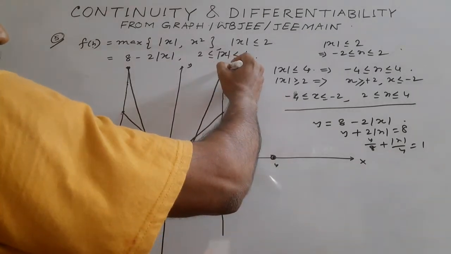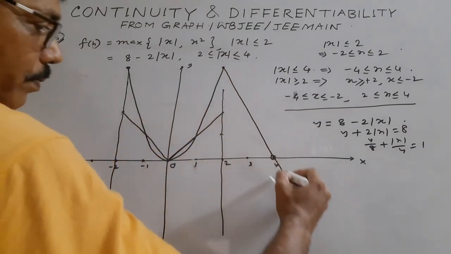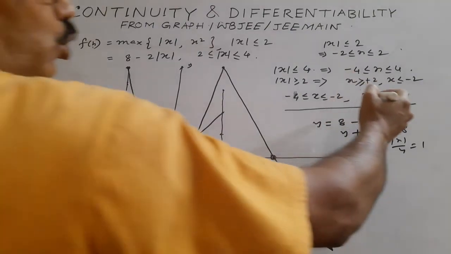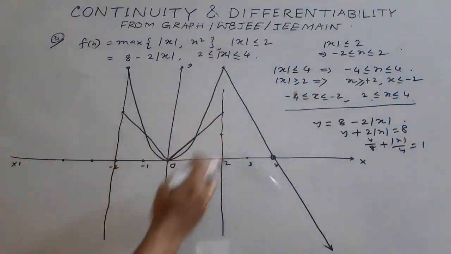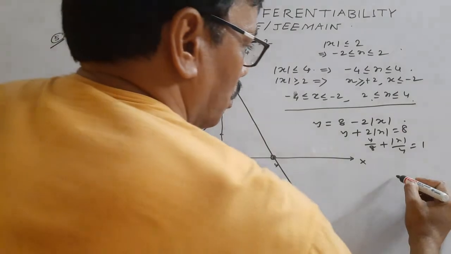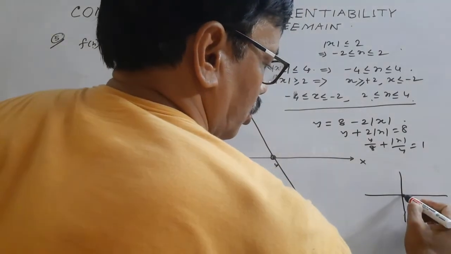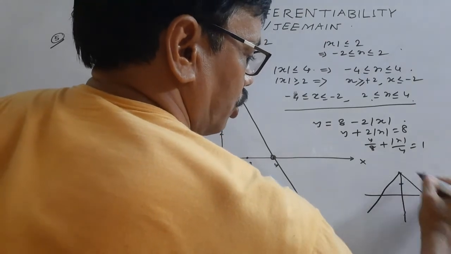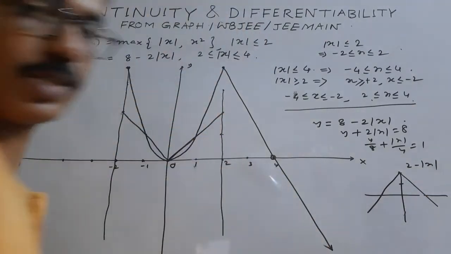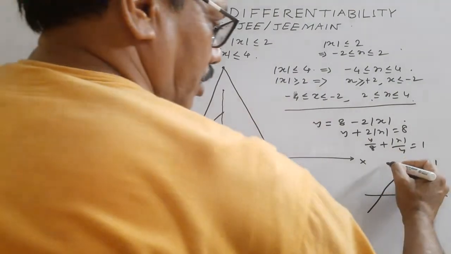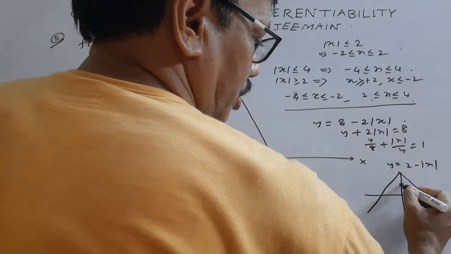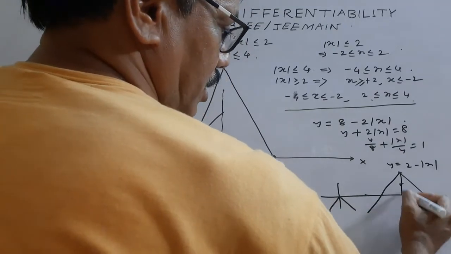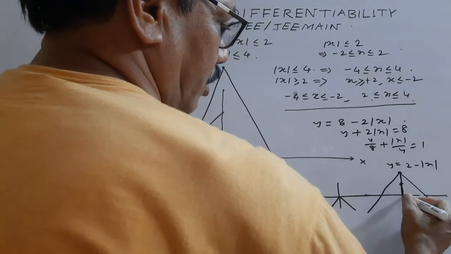So we will get this type of graph for greater than 2 to 4. So actually we are getting, look, minus mod x. So this one is 2 minus mod x. So this is 0, this is 1, 2. So mod of minus x is this one. Vertex is at 2.